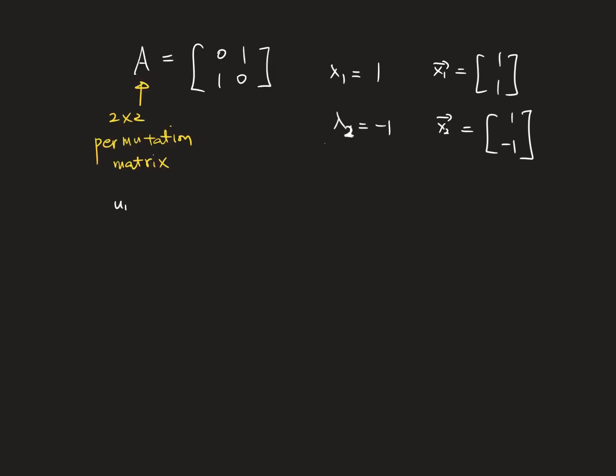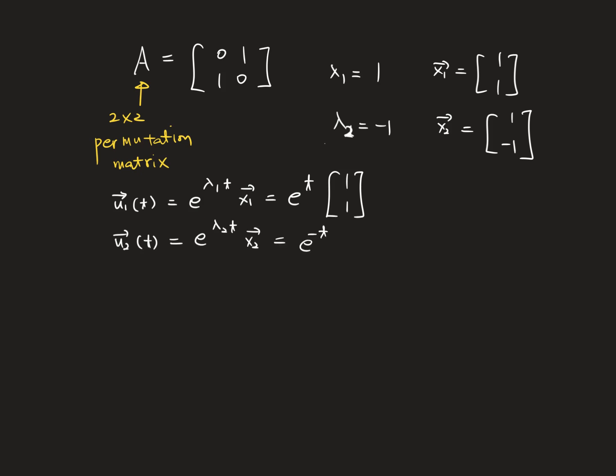So u1(t) is e^(λ1 t) x1, which is e^t (1, 1), and u2(t) is e^(λ2 t) x2, which is e^(-t) (1, -1).